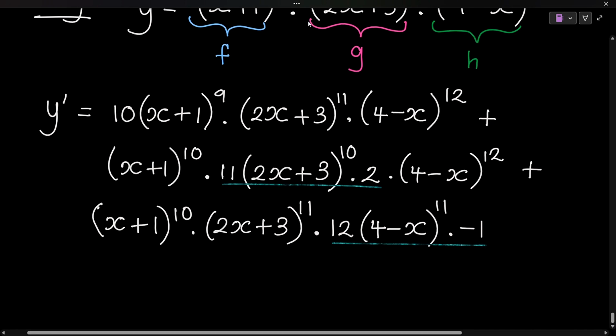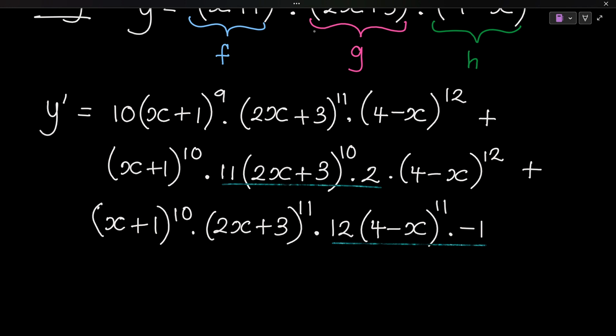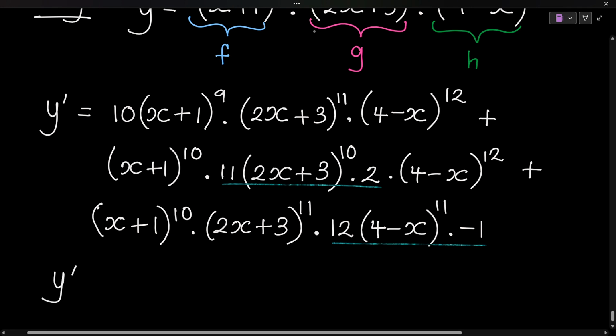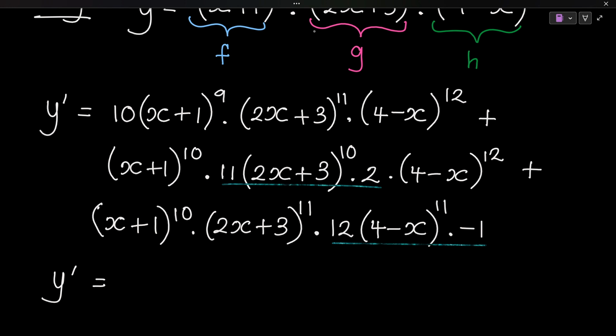Now, once you've applied your product rule, if you are able to simplify, then you should. So if you look at your first term, if there are any coefficients that can be multiplied together, we should multiply them. There isn't anything, so our first term will actually stay as is.